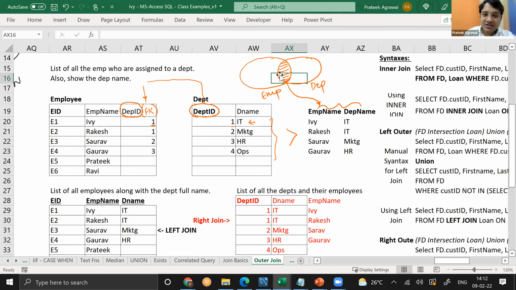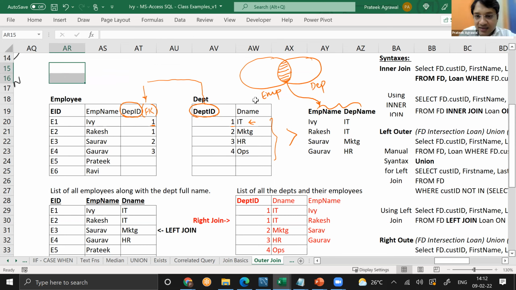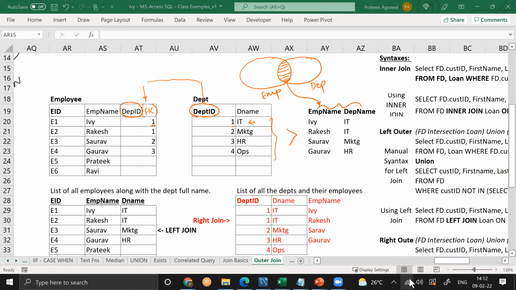Common section, the intersection between the two Venn diagrams that we're talking about, right, Faisal? Now, in this output of the query, we need column information from the employee table, because this employee name will come from the employee table.